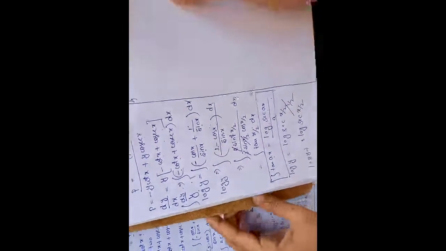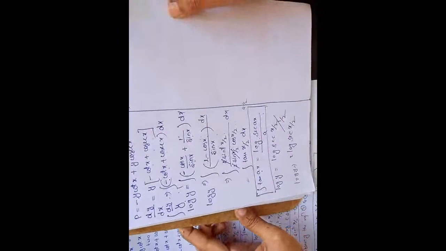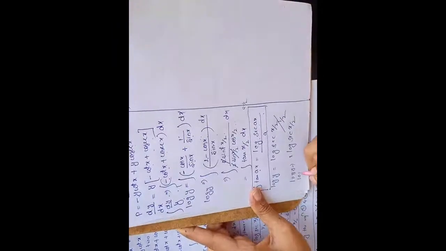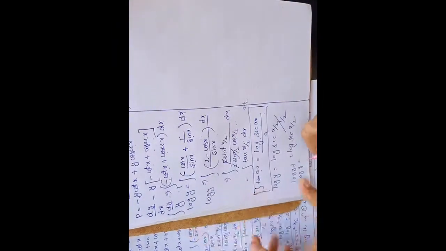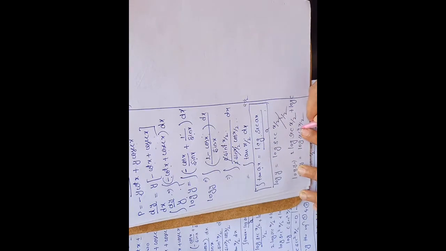So log y is equal to 2 log sec x by 2 plus the constant of integration, log c. Now use the log m power n formula: log m power n is n log m. So it will become log sec square x by 2, where 2 is n, plus log c as it is.